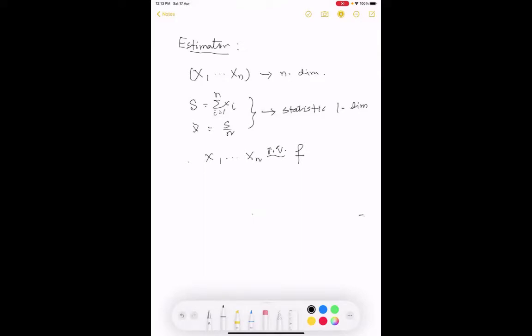And that distribution will have certain parameters. Typically it will be mean, variance, or, depending on the distribution, rate, scale, or proportion. These are the typical parameters of a probability distribution.